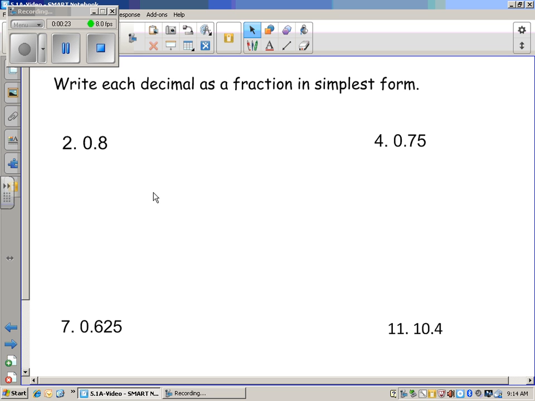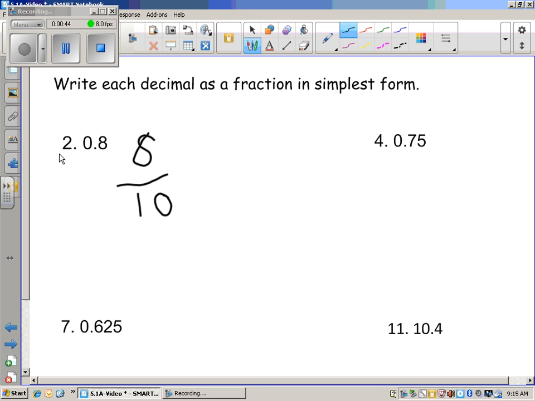I am going to use the tenth spot. So I have the number 8, and I'm going to put it over a 10. I'm putting it over a 10 because my 8 is in the 10th spot.